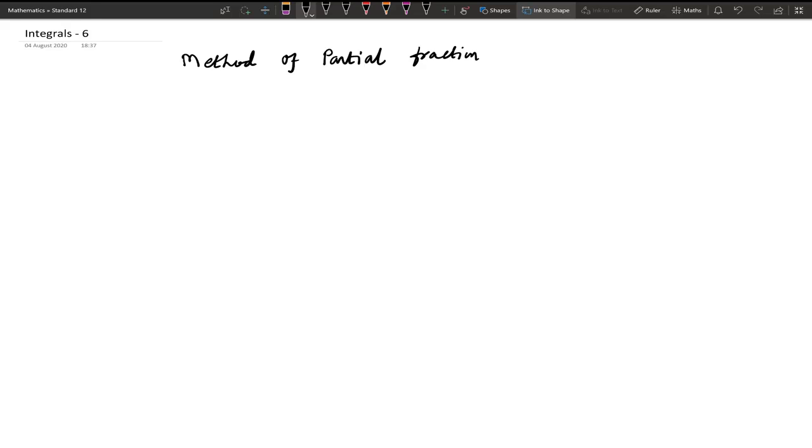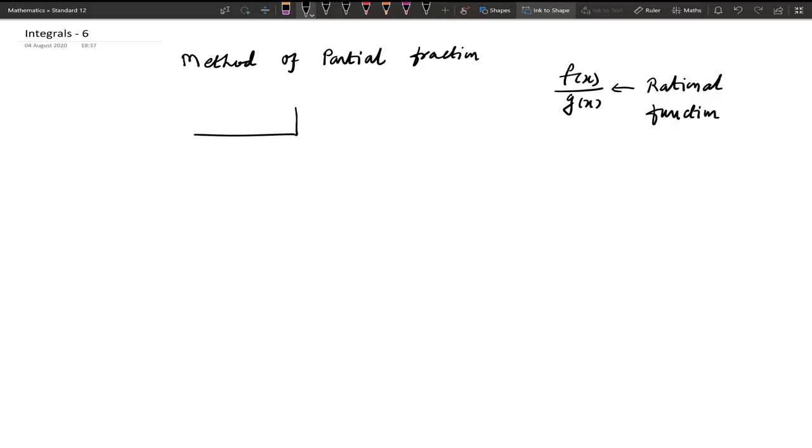So there are two types of rational function. A function of the form f of x upon g of x, where f of x and g of x are some polynomials of x, is a rational function.